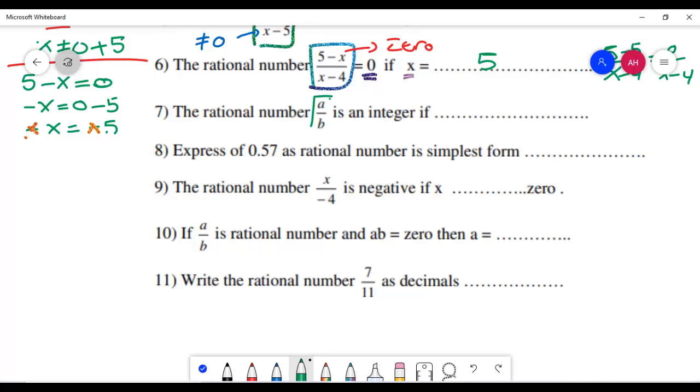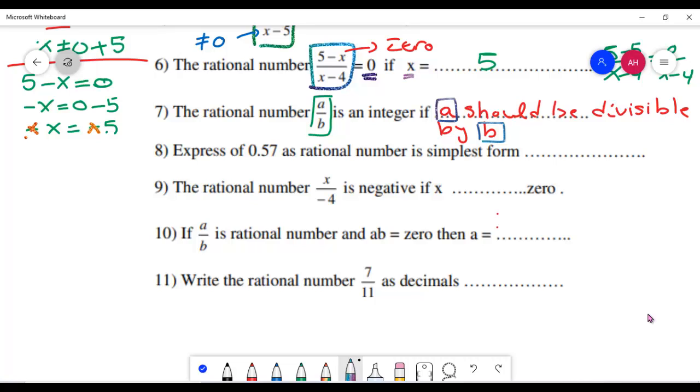For a fraction or a rational number to be an integer, a, which is my numerator, should be divisible by b. So my numerator should be divisible by my denominator.